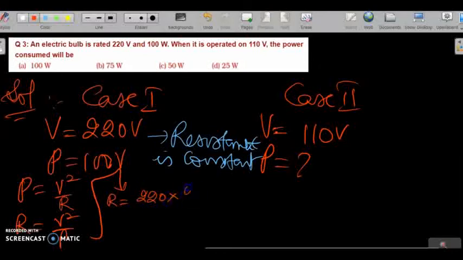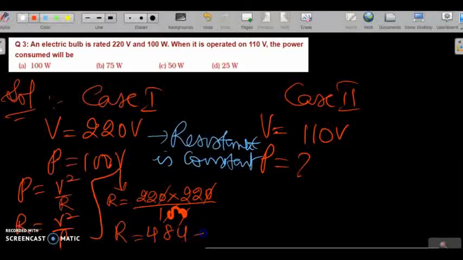V square, so 220 into 220 divided by P. What is P? 100 watt. That will give us R equal to 484 ohm.